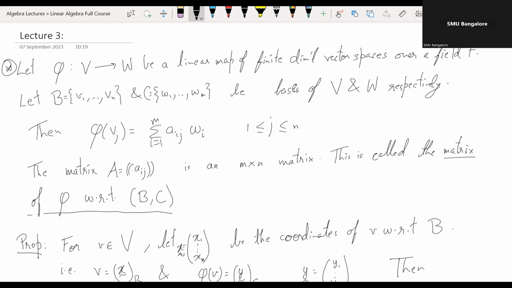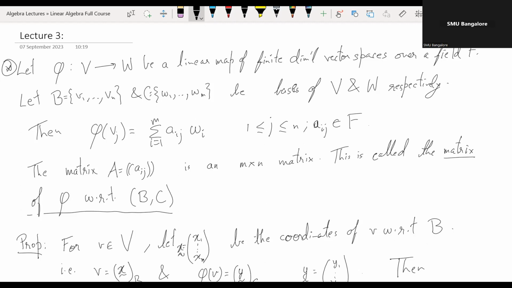Then phi of Vj is going to be some element of W. Since C is a basis of W, we can write phi of Vj as a linear combination of the Wi's, so phi of Vj is the sum of Aij Wi, where i is between 1 and m, and the Aij are in the base field F. We can do this for all j between 1 and n.